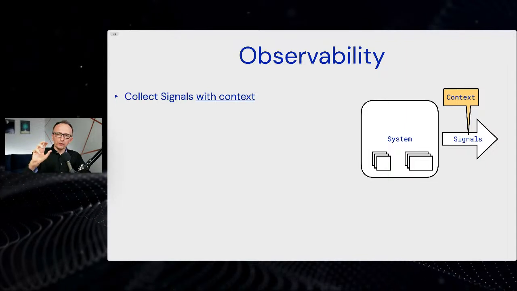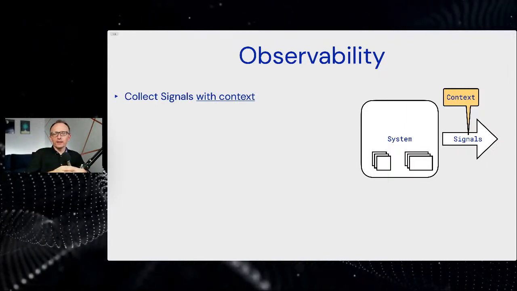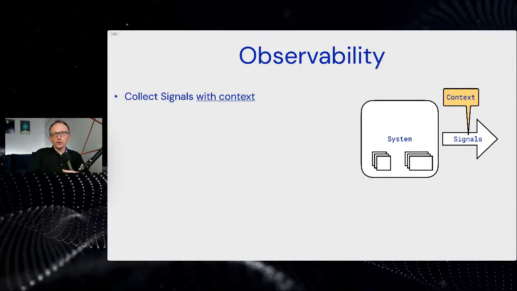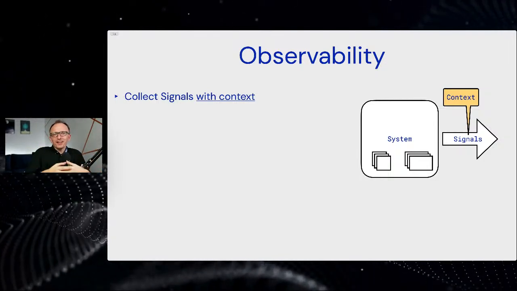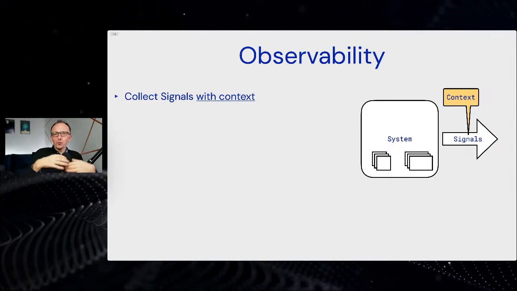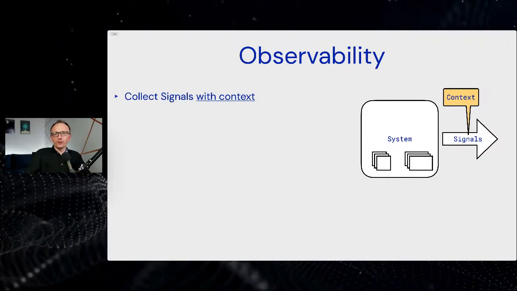So those signals need some context, and that's why an observability platform needs to add some additional information just for recognizing which part of your system is malfunctioning or misbehaving.